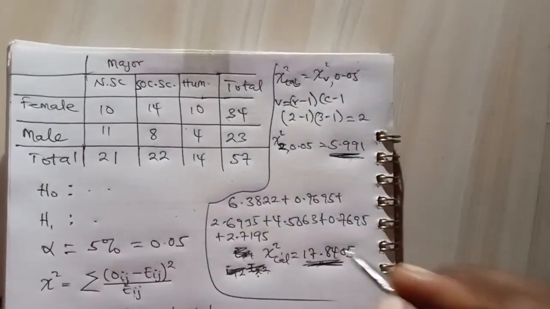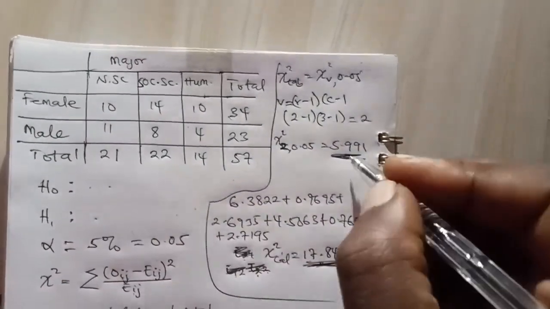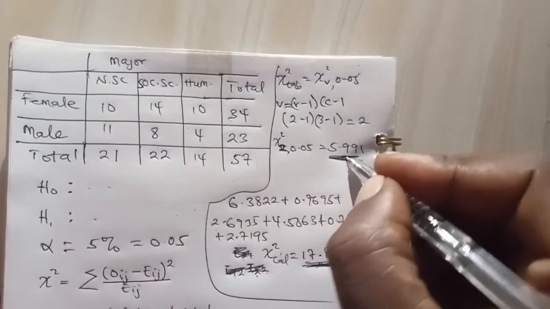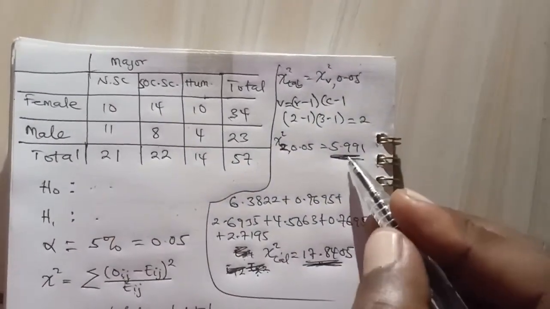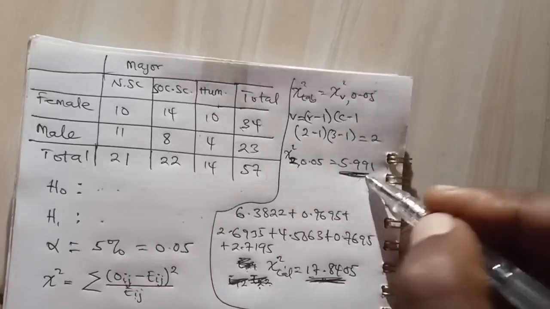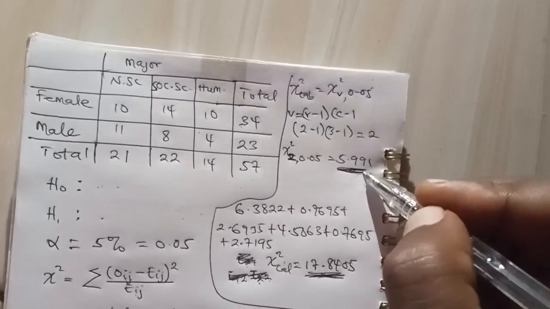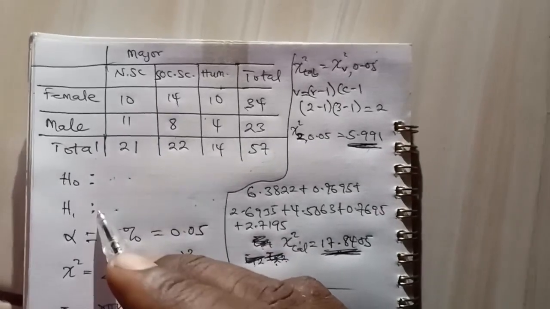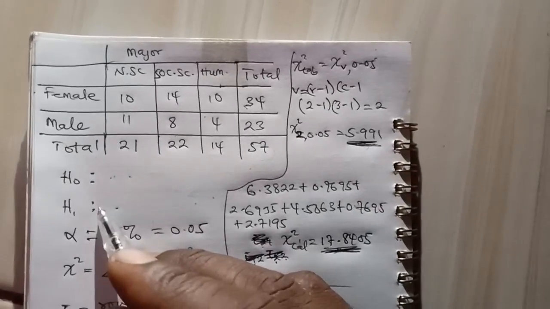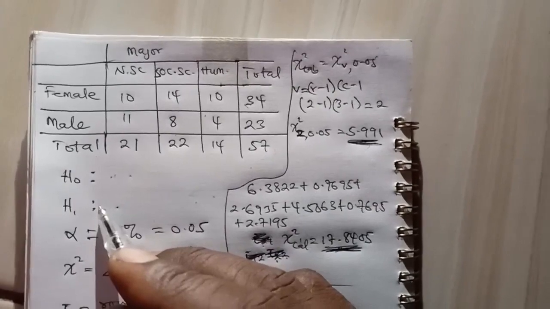And whenever the calculated value is less than the tabulated value, we accept H0. So in this case, the calculated value is greater than the tabulated value, so we reject H0 and accept H1. And what did H1 say? H1 said that there is a relationship between gender and major.